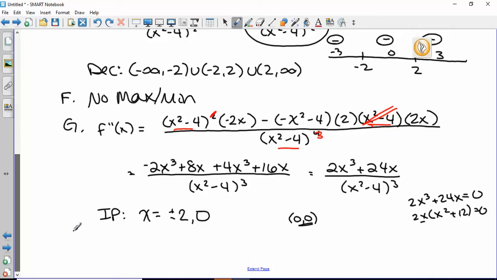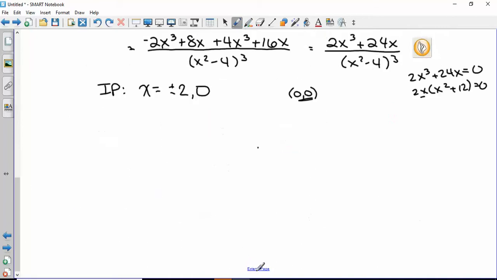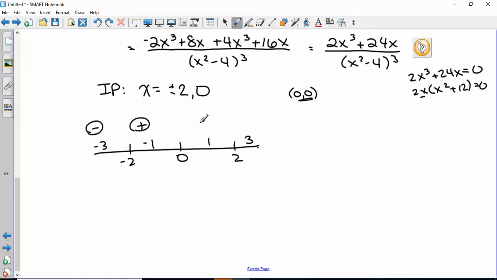Now we need our concavity, so we need our sign line. We're putting them into the second derivative. So if we put in a -3, put in a -1, put in a 1, and put in a 3.